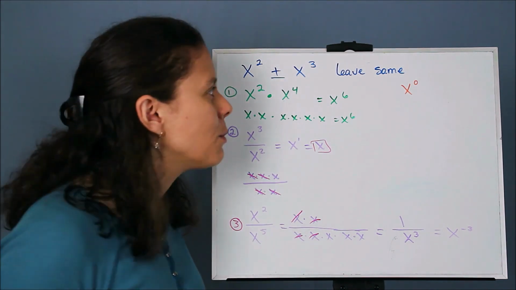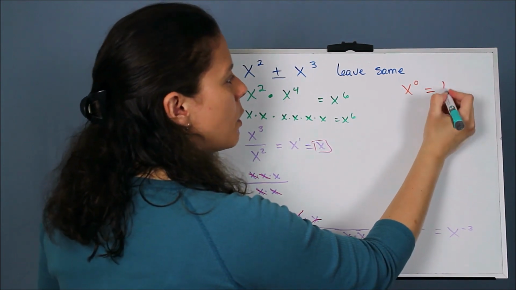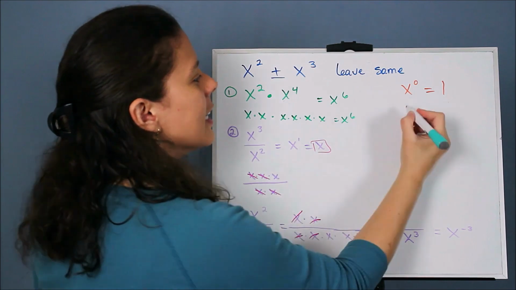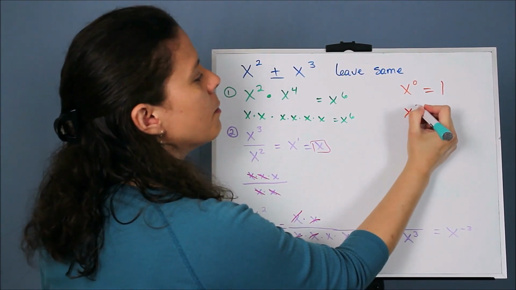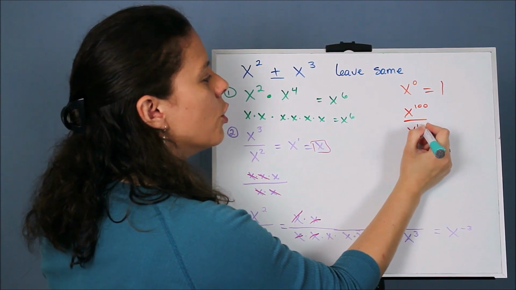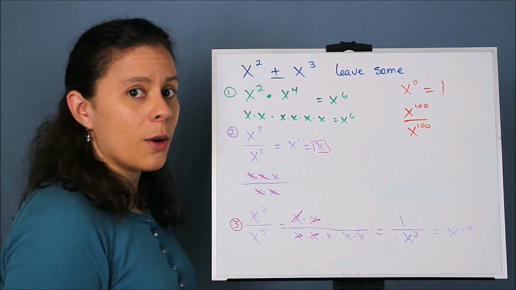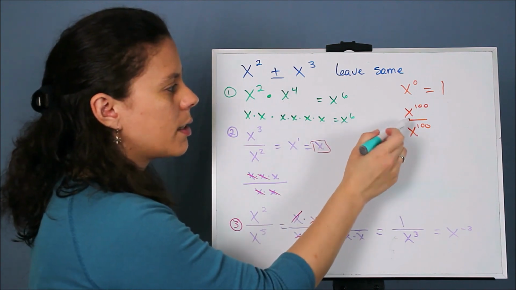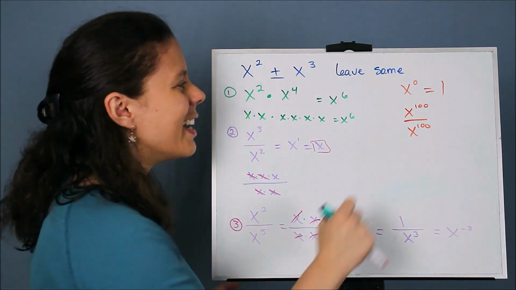I'm going to show you where that comes from. So this is going to be 1. That comes from this, right? Because let's suppose that I have x to the 100th power, right? Divided by x to the 100th power, right? Doesn't matter what this number is, it's always going to be the same number because x is going to have the same value, right?